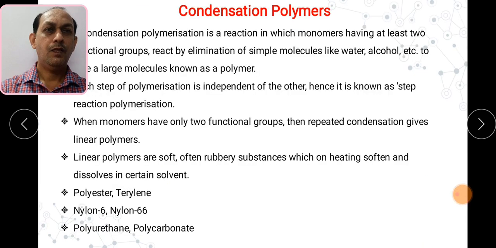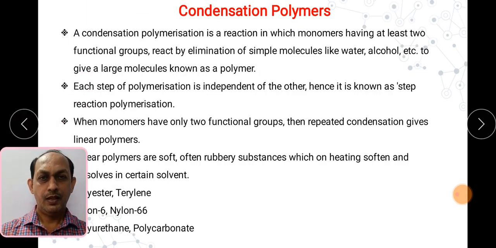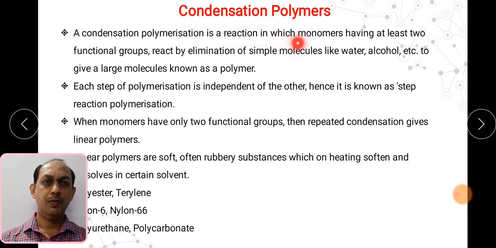So let us first revise the things that we have seen in the condensation polymers. These condensation polymers have at least two monomers having reacting functional groups. They react with each other and eliminate simple molecules like water, alcohol, etc. and form the large molecule known as polymer.